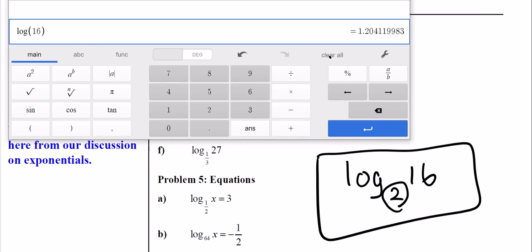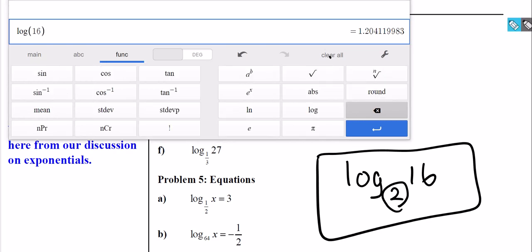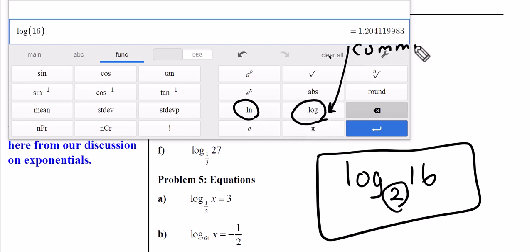And here's why. This log button that we have here is a common log button. You only have 2 special logarithms on the calculator: ln, which will tell you when you're older, and log. And this log is just a common log. If you look at a regular scientific calculator, most of them do not do special bases. They only do ln and log.